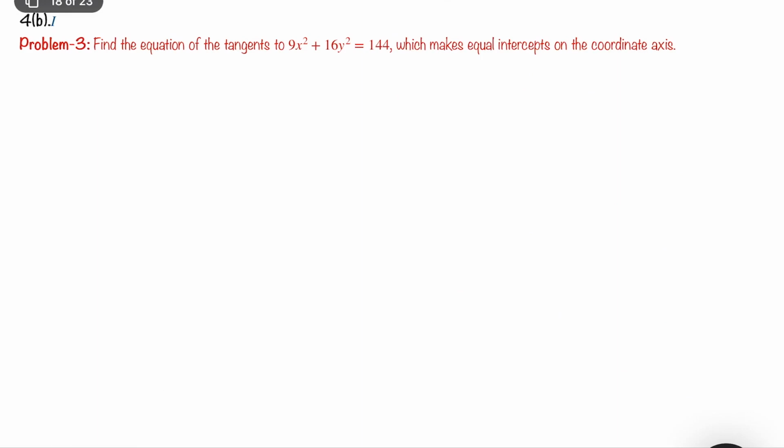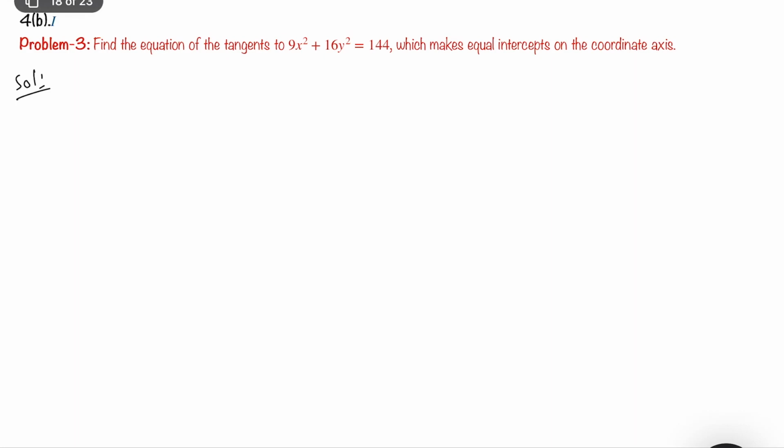Next, problem 3 from section 1 of exercise 4B. Find the equation of the tangents to the ellipse 9x² + 16y² = 144, which make equal intercepts on the coordinate axes. First, let me write down the given ellipse equation in standard form.